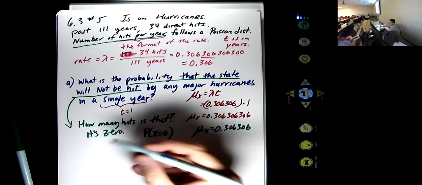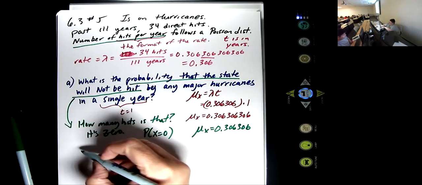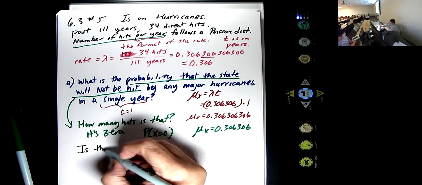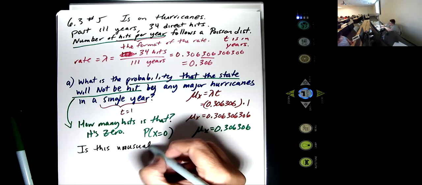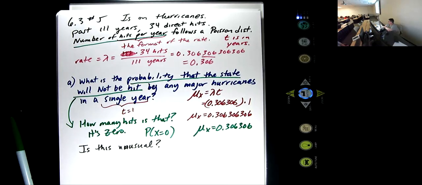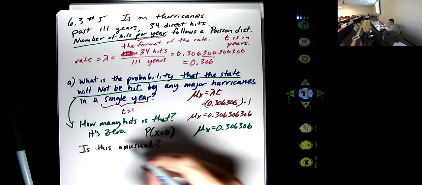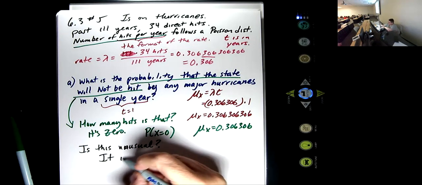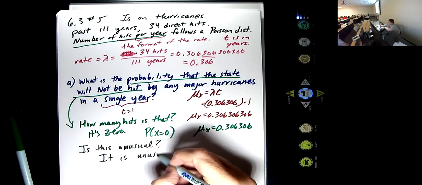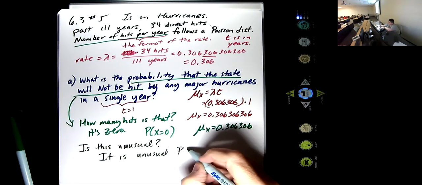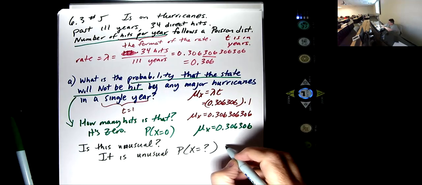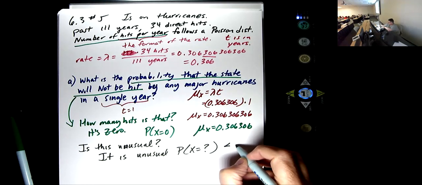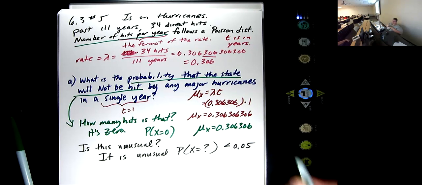This question will also say, is this unusual? There are several sub-steps that are going to ask you if this is unusual. It is unusual if the probability of X equals whatever is less than 0.05.